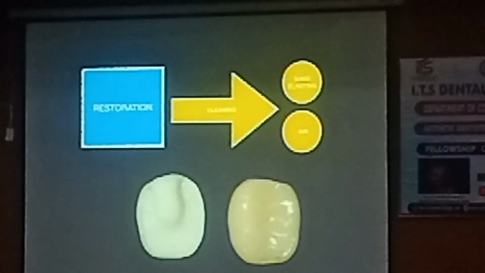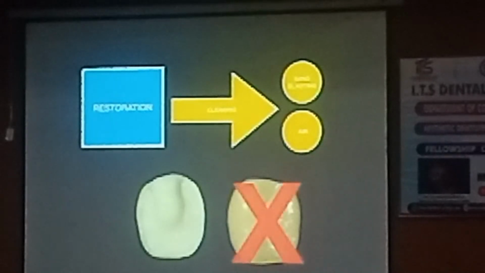So when you are doing a restoration, you need to clean the inside thoroughly. You can use sandblasting followed by air, and once you do that, this area gets clean. Never use it on the occlusal surface, only on the impression area or the cementation surface.